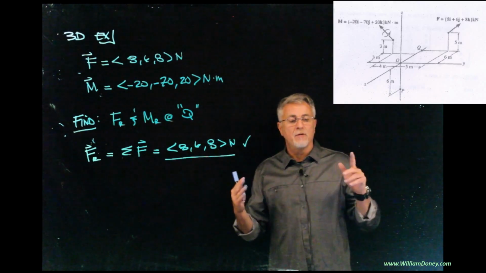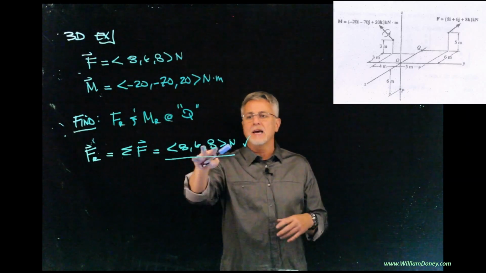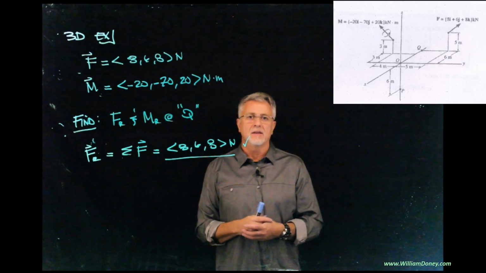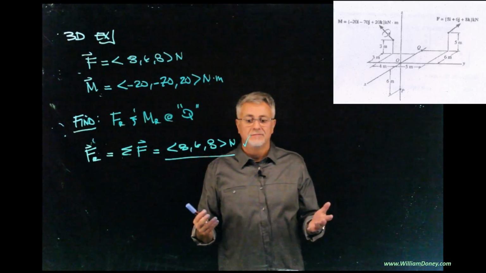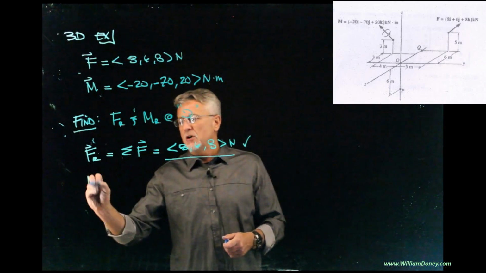If there was another force acting up there off at some other point, I would just have to include that and add that with that answer. That's it. Okay? What about the resultant moment?